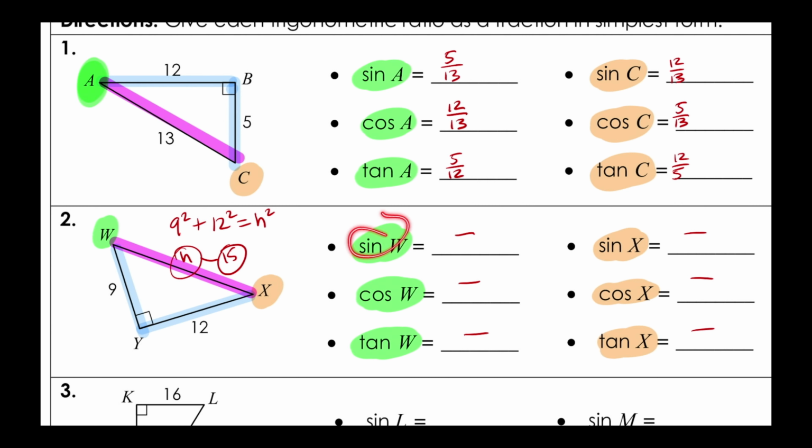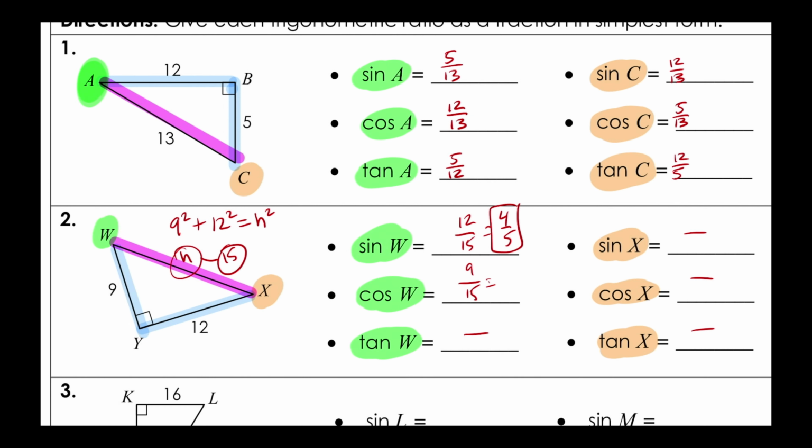Sine of W. If I'm here at W, sine means opposite leg, which is 12, over hypotenuse, which is 15. So that's 12 over 15, which I can simplify. Remember, always simplify your fractions. If I simplify by 3, I get 4/5. Cosine of W: adjacent side is 9, hypotenuse is 15, so it's 9 over 15.